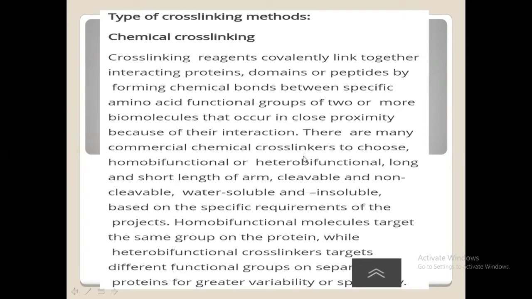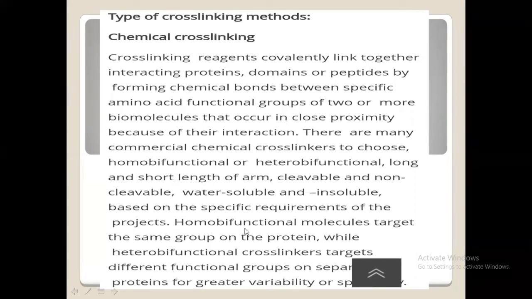You can choose homofunctional or bifunctional, long and short length of arm, cleavable and non-cleavable, water soluble and insoluble based on the specific requirements of your protein-protein interaction analysis. So the varieties of chemical cross-linkers are available. Depending on the nature of your protein, you can select a suitable one.